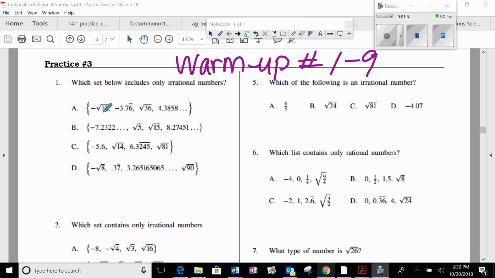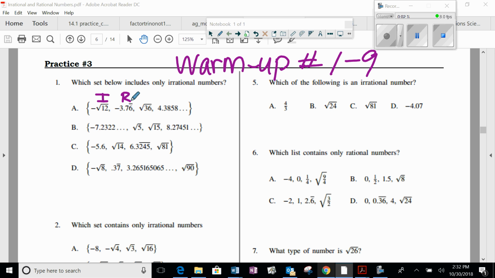If we look at the negative 0.76 with the bar on top, what does that bar mean? Repeating. Are repeating decimals rational or irrational? Rational. So this one is irrational. This one is rational because of the repeating decimal.